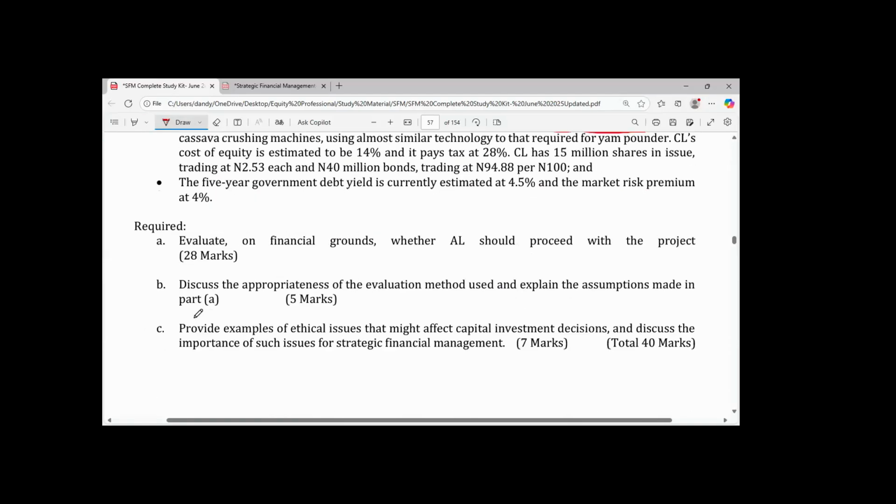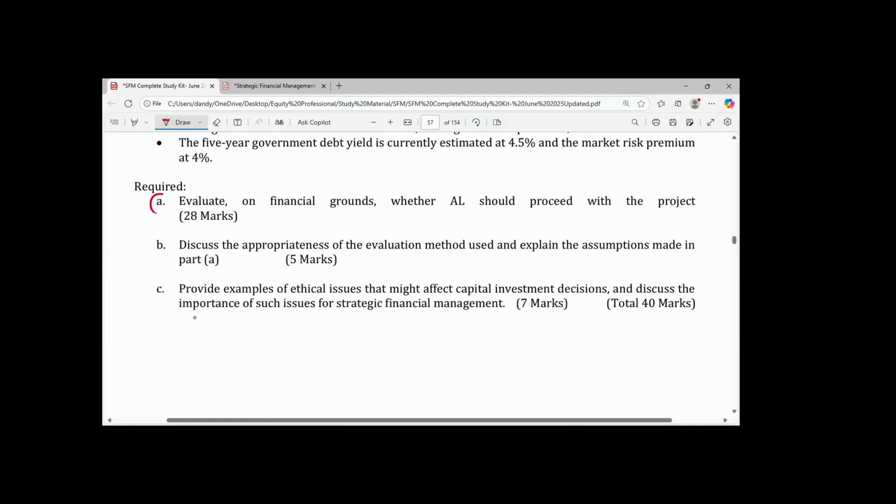All right. So in requirement A, the examiner is asking you to evaluate on financial grounds whether AL should proceed with the project.